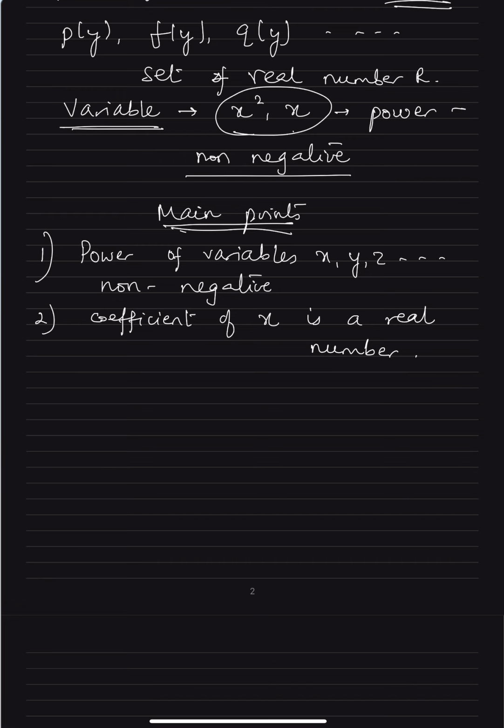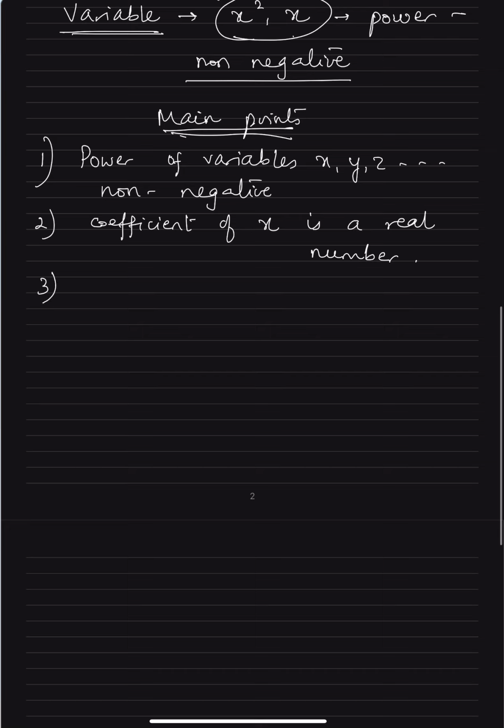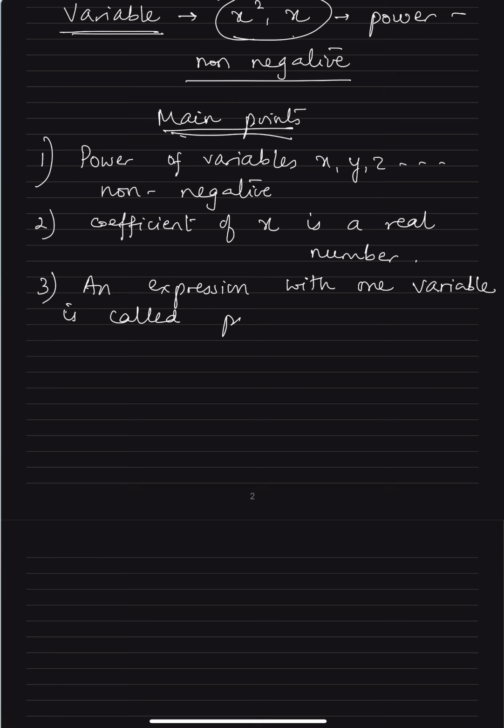Polynomial always has only one kind of variable. The third thing we can say is that an expression with one variable, that is anything, x, y, z or any, is called a polynomial. So polynomial can be defined in many ways.